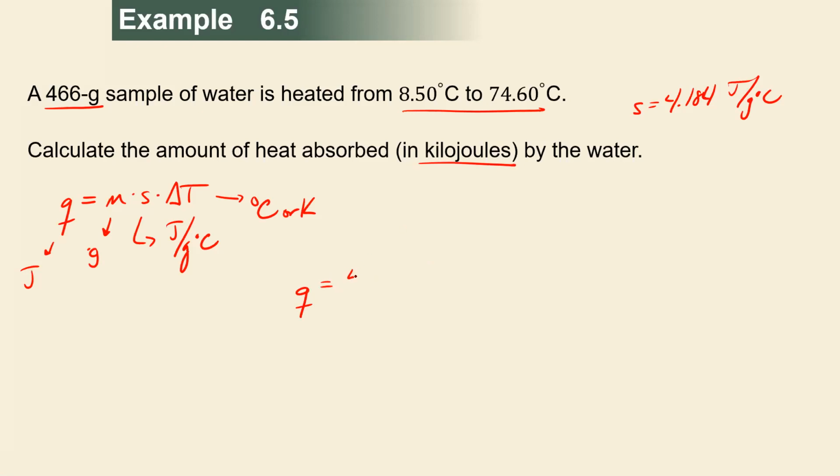So 466 grams of water times 4.184 joules per gram degree C times, we need to calculate delta T, and you could go ahead and calculate it and stick it in. I'm just going to write these numbers here, 74.6 minus 8.5.